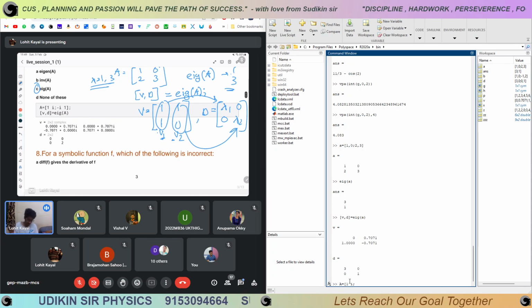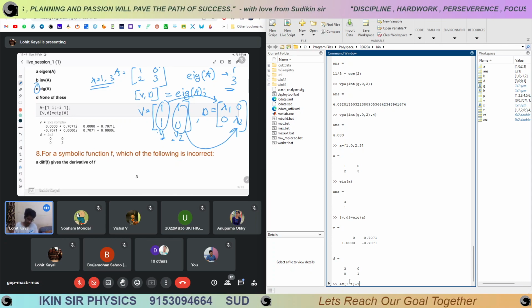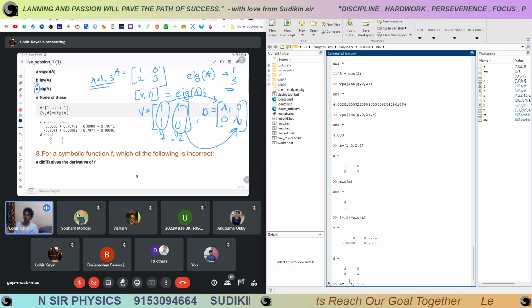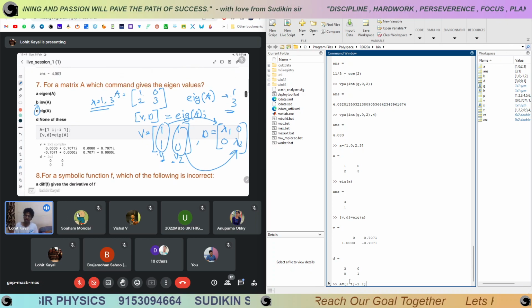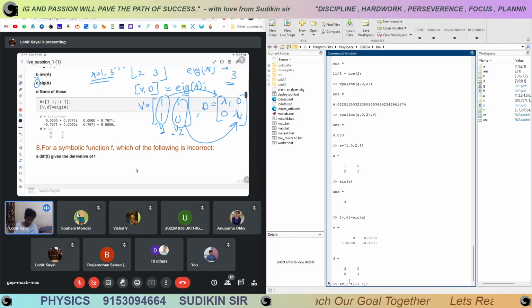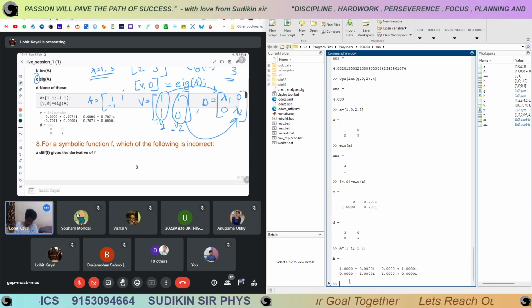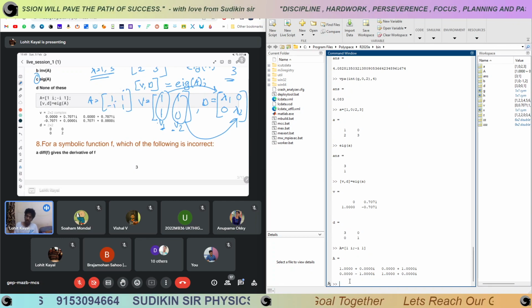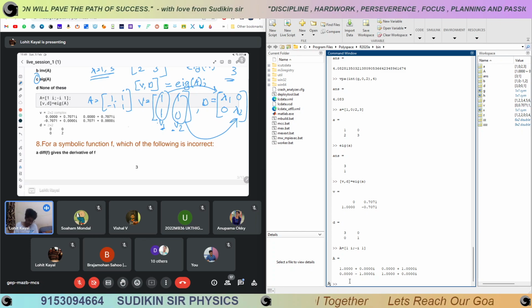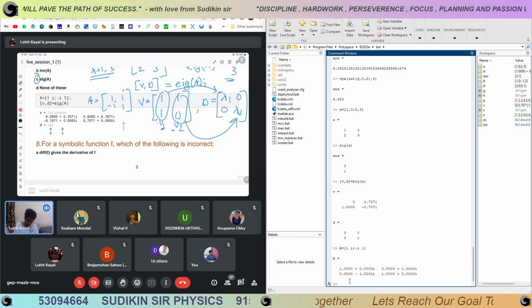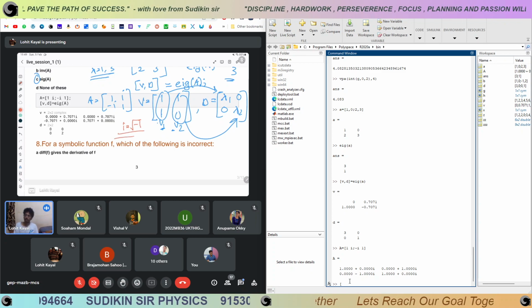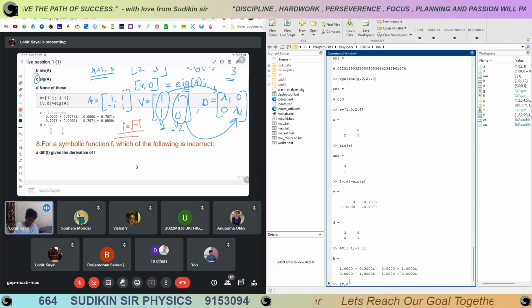Here I have shown one example, A equals [1 i; minus i 1], just to show that this is not only true for real matrices. Remember that this i is the complex i, where i equals the square root of minus 1, and MATLAB can work with it very easily. There is no problem.